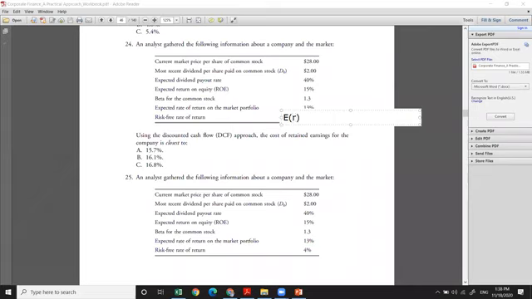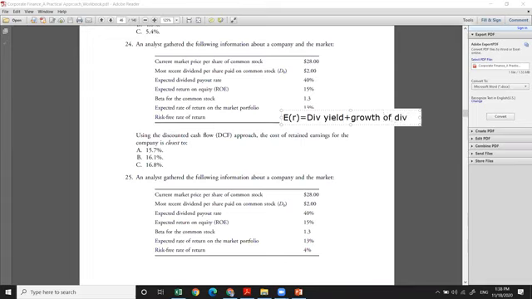The expected return is equal to dividend yield plus the growth of the dividend.